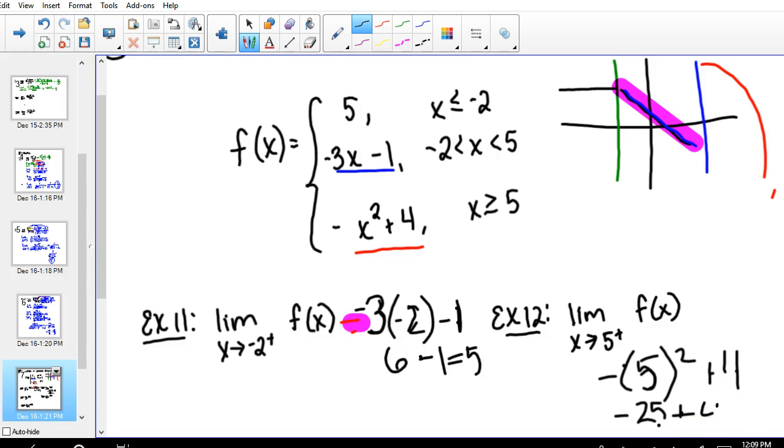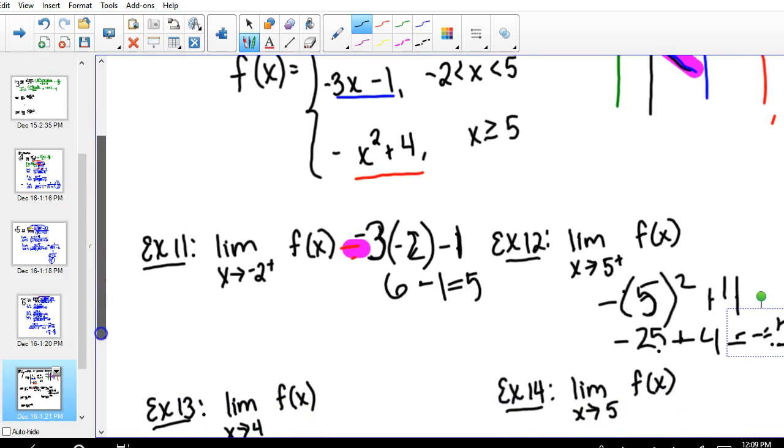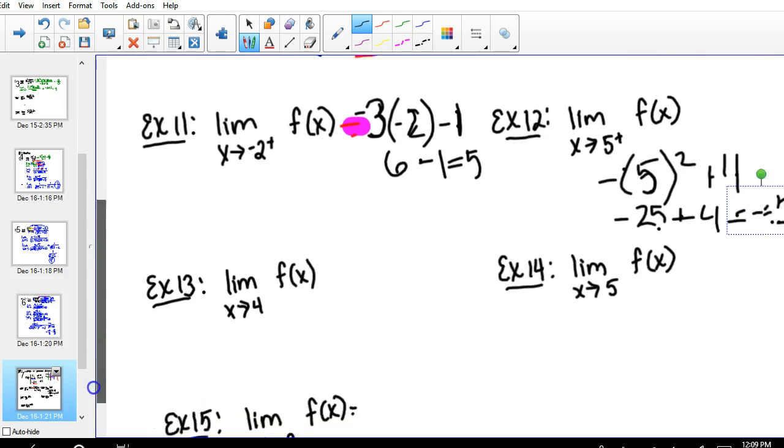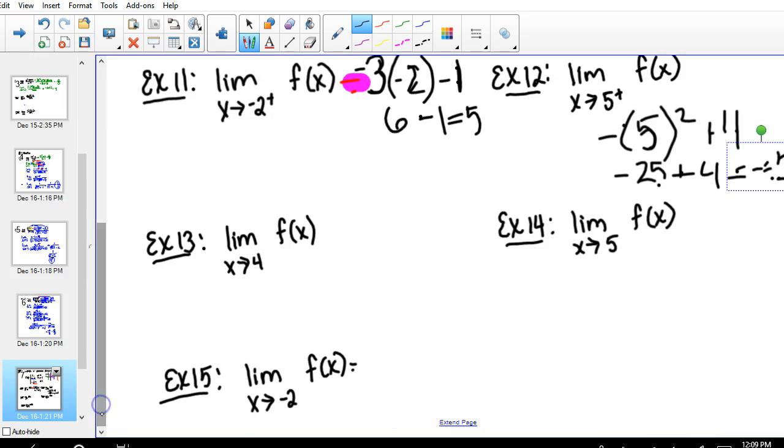And that's going to give you -21. I can't write 21. It's 21 right there. Doesn't look like it. Okay, here's the next few. I want you guys to try those on your own for a second.